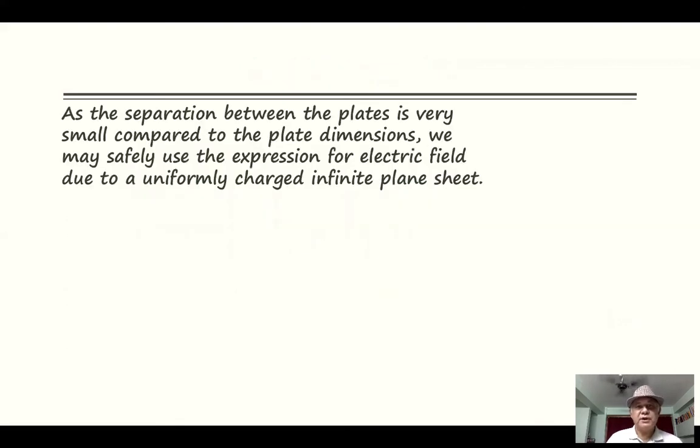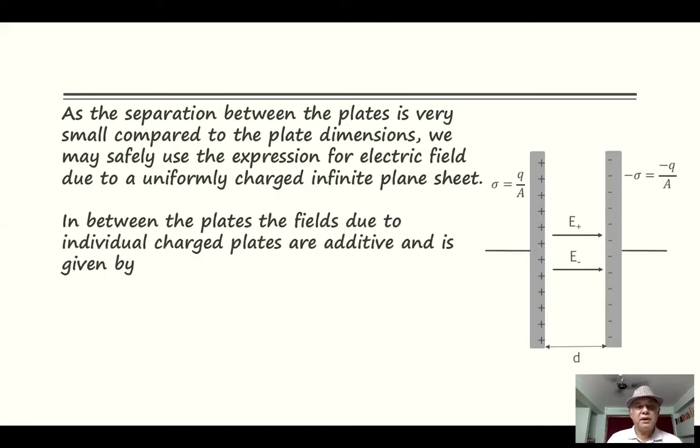As the separation between the plates is very small compared to the plate dimensions, we may safely use the expression for electric field due to a uniformly charged infinite plane sheet. In between the plates, the fields due to the individual charged plates are additive and given by E equal to E plus E minus equal to sigma by 2 epsilon naught plus sigma by 2 epsilon naught equal to sigma by epsilon naught.